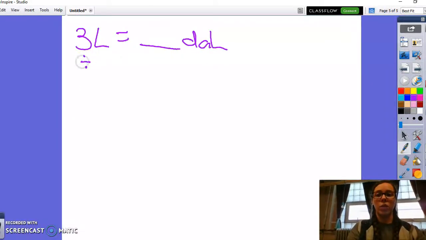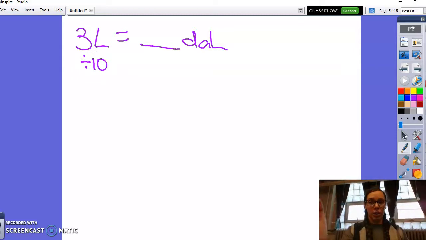So here we'll divide by 10. Now, on the metric system, sometimes this gets to be a little confusing. Here, with 3, there's no decimal point on there, so then how did we wind up with 0 and 3/10 deciliters? Where did that come from?